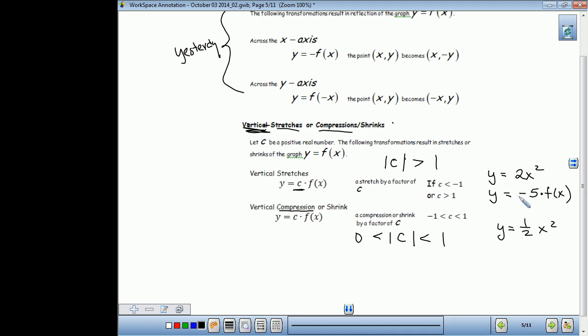The negative tells us reflection, but the 5 tells us stretch. Or another example of a compression would be 2/5 square root of x. This number is less than 1, isn't it? So these would be vertical compressions, and these would be vertical stretches.